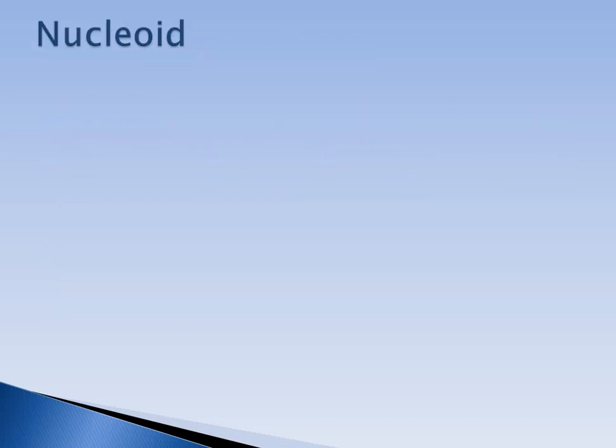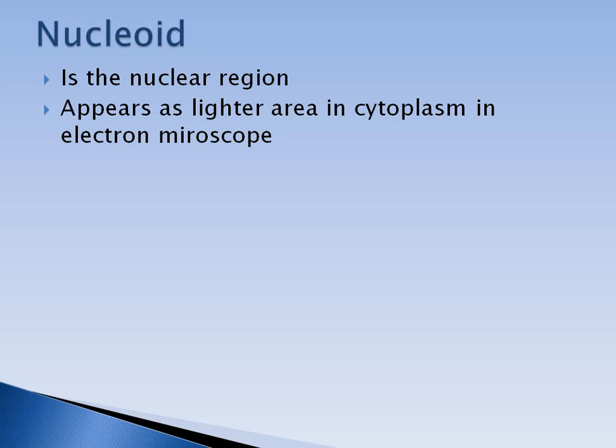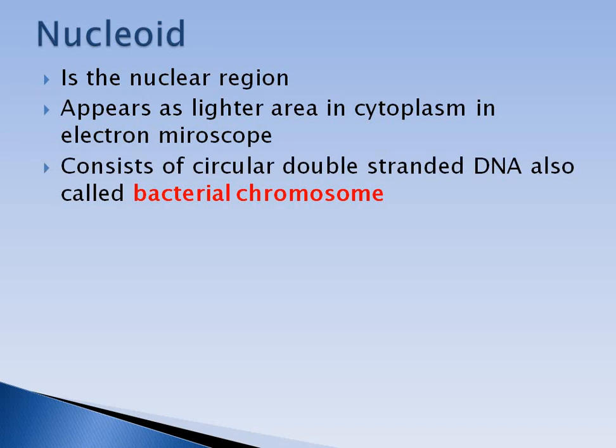Now the nucleoid. Nucleoid is actually a region where chromosome is present, or one single chromosome is present, but it is not bounded by any nuclear membrane. So it is the nuclear region of the bacterial cell, and it appears lighter as compared to the rest of the cytoplasm in electron microscope.